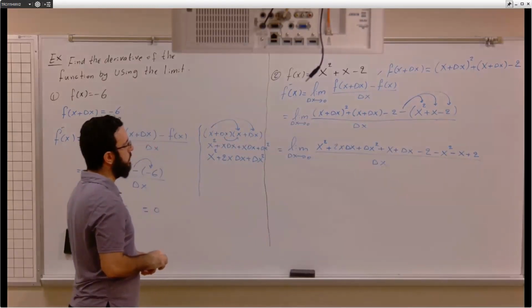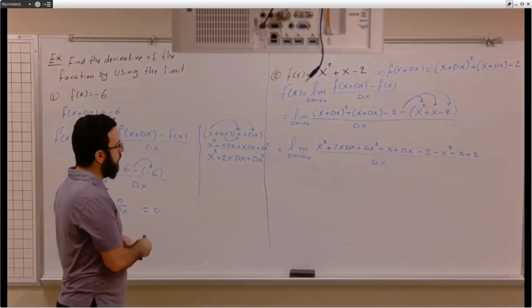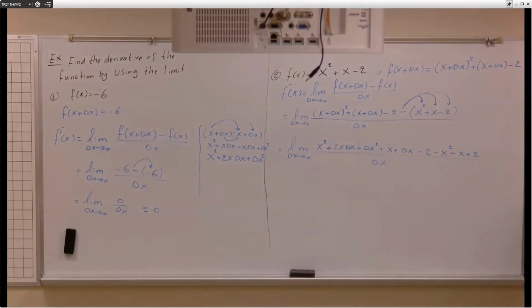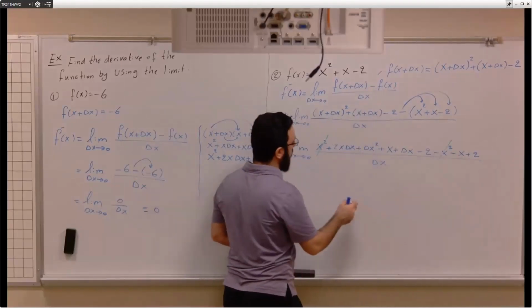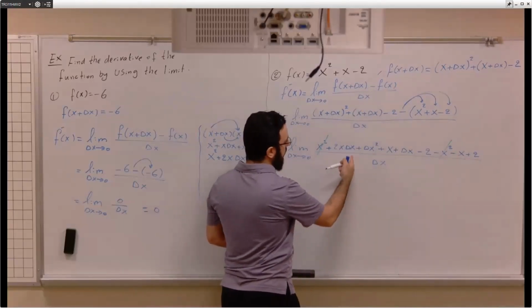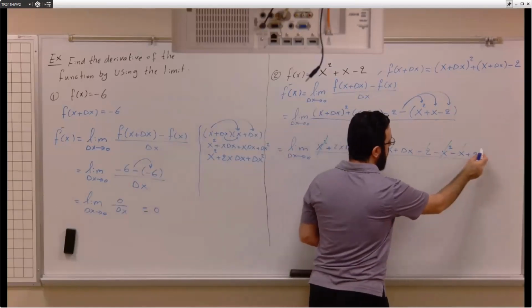Next step, we're just going to cancel like terms. If you have like terms with different signs, you cancel them. So I have x squared, here is negative x squared. I have positive x, and here is negative x. Negative 2, positive 2.